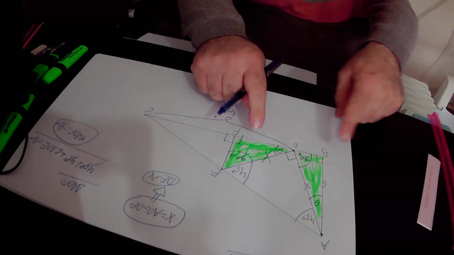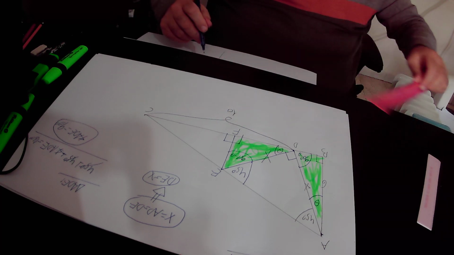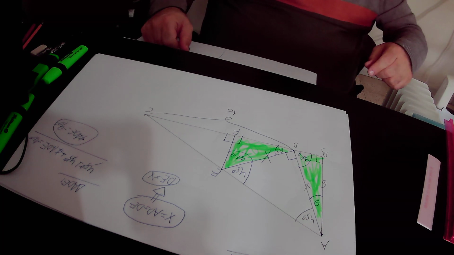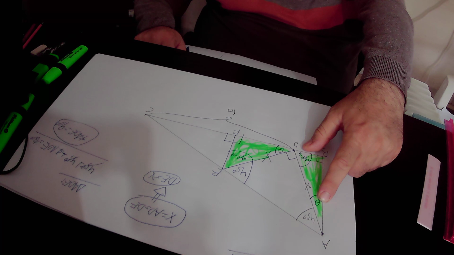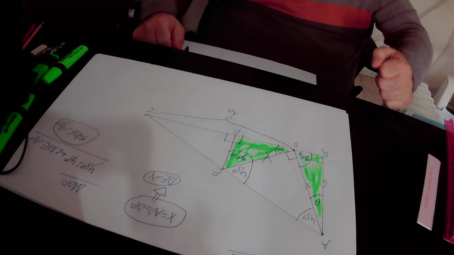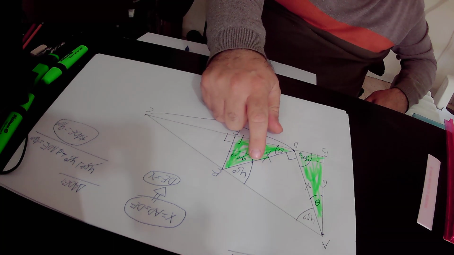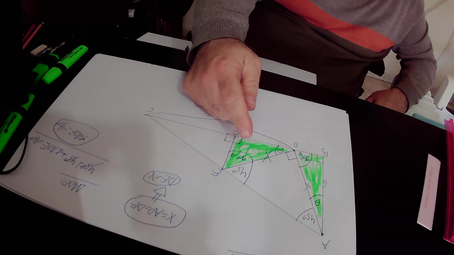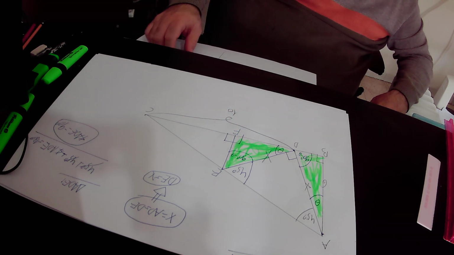So we prove that those two right green triangles can go into each other according to the angle side angle rule. We have those two angles, and the side between them in triangle ABD corresponds to those two angles and the side between them in triangle DEF. Therefore, those two triangles are congruent according to the angle side angle rule.